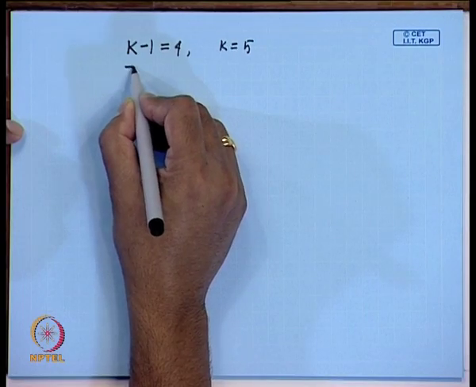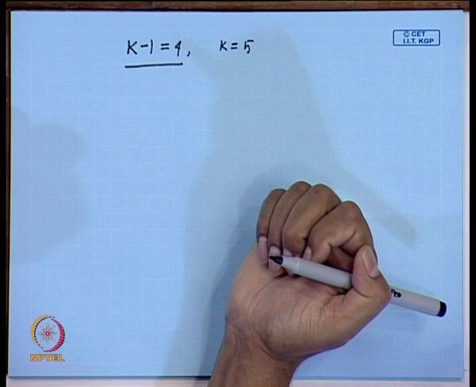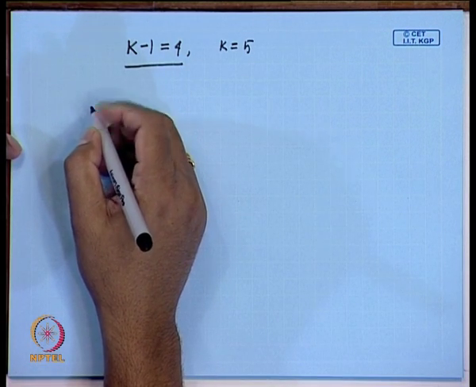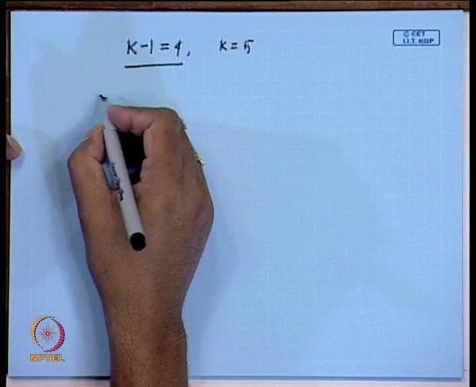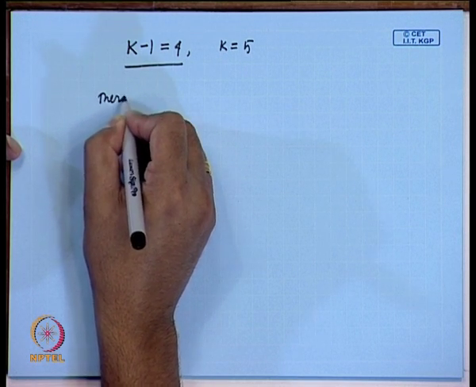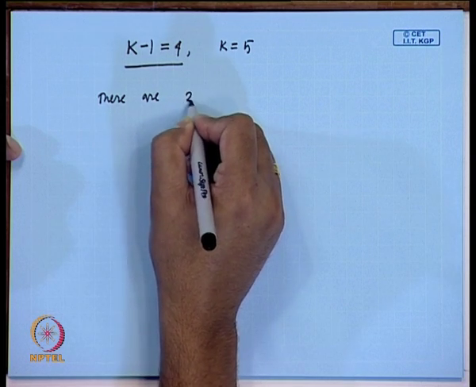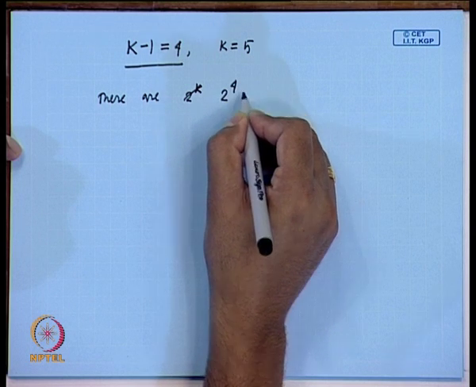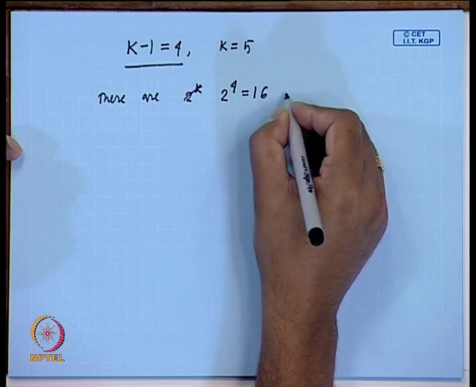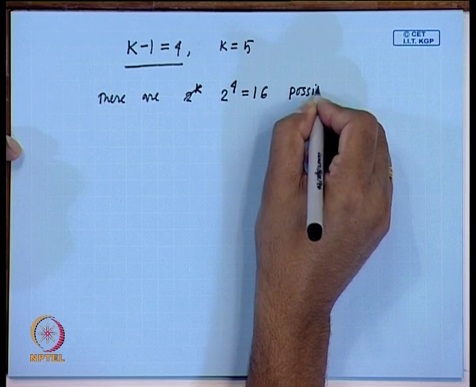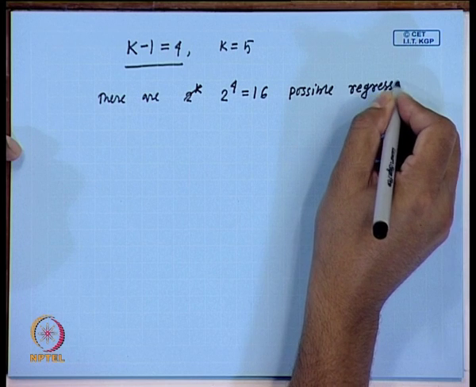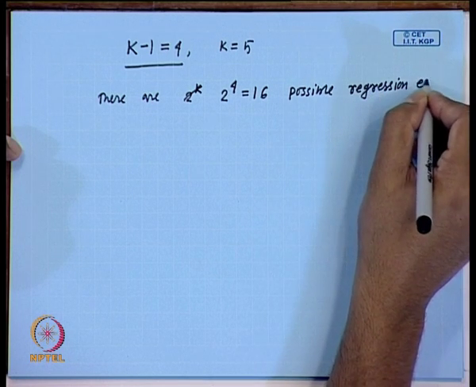So if there are 4 regressors in the problem, then there are 2 to the power of 4, which is equal to 16 possible regression equations.